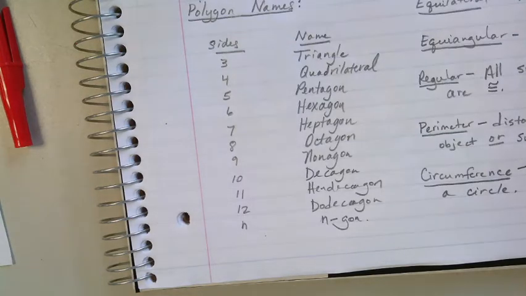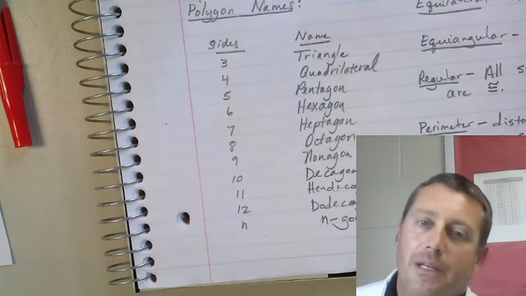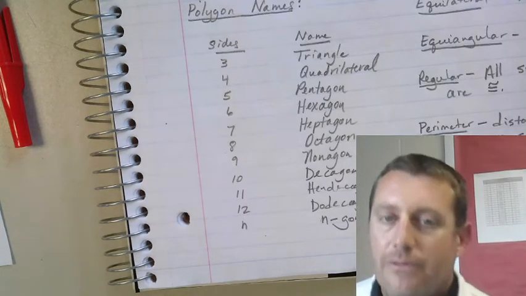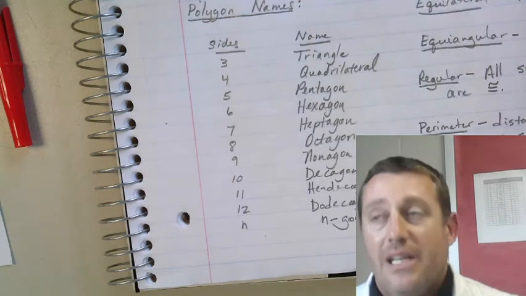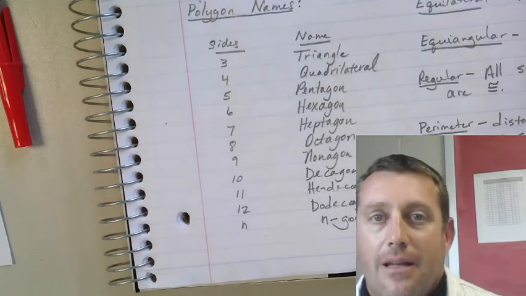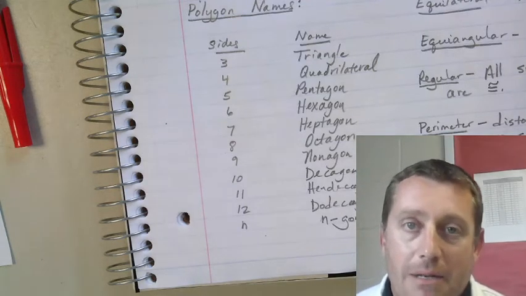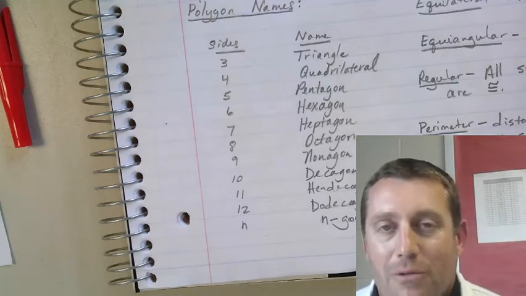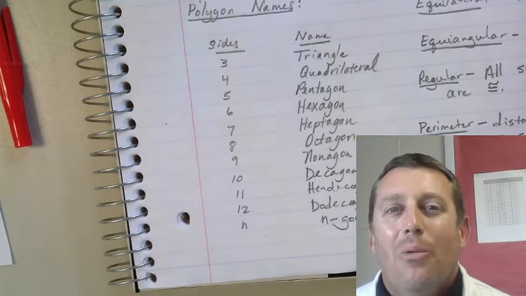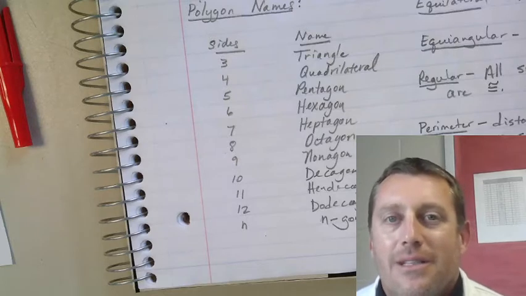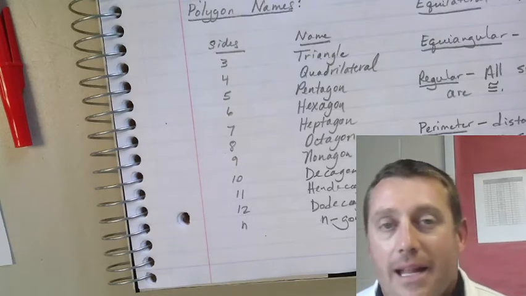Here's the reason. The n-gon is included here because after you get to 12 in your textbook, or really any other textbook that I've ever seen, they pretty much don't write down the name anymore. They're like, yeah, we've punished the kids enough through 12. So what happens after 12 is they just write down the number and then the gon.